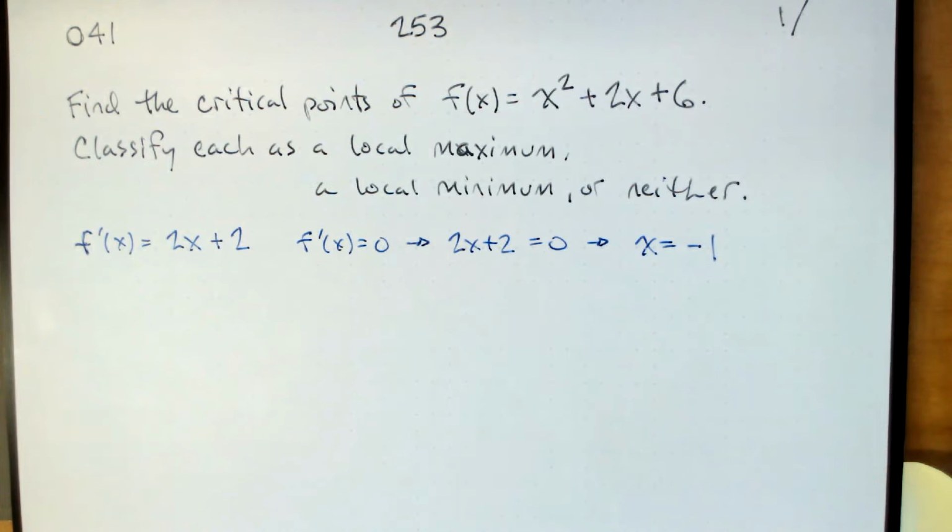Now, if we want to classify this critical point as a local maximum, a local minimum, or neither, one thing we can do is test on either side of our critical point. We can also appeal to the second derivative, which is what we want to do today.